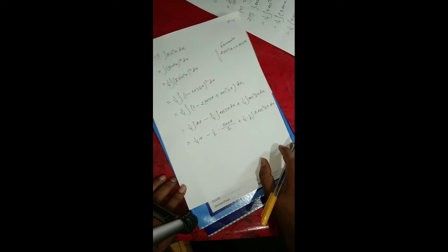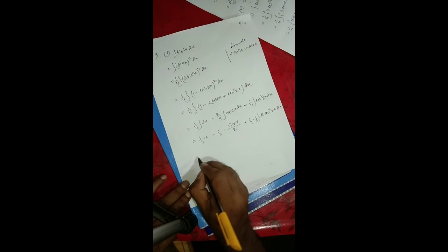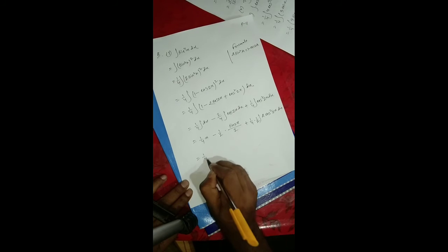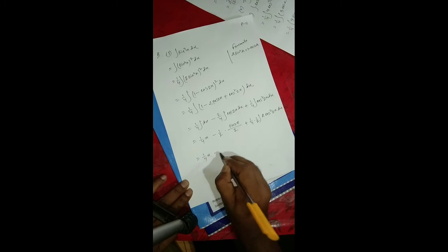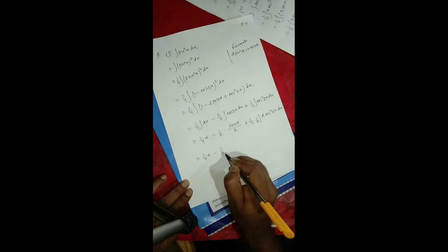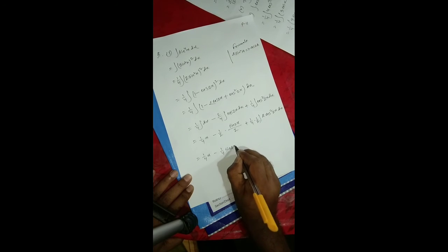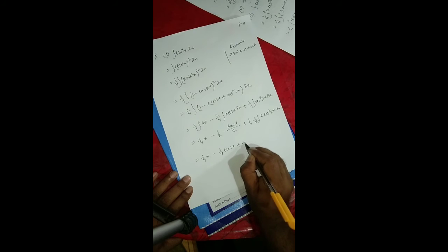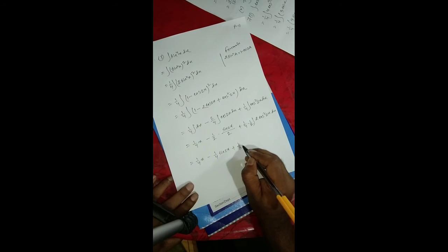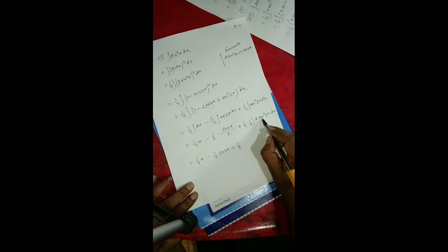Now 1 by 4 x minus 1 by 4 sin 2x plus 1 by 8 into 2 cos square 2x, that means a, 2 cos square a.